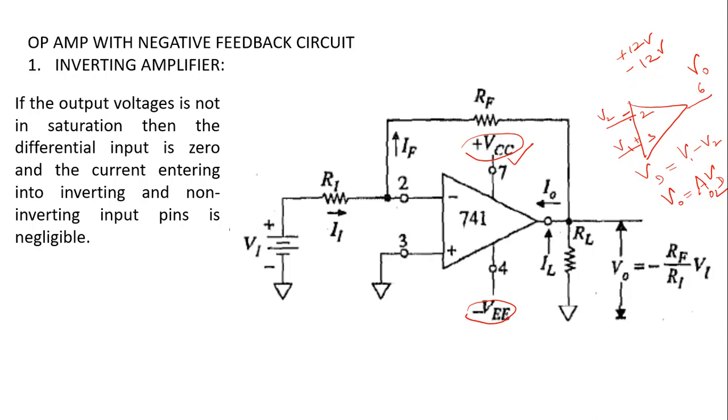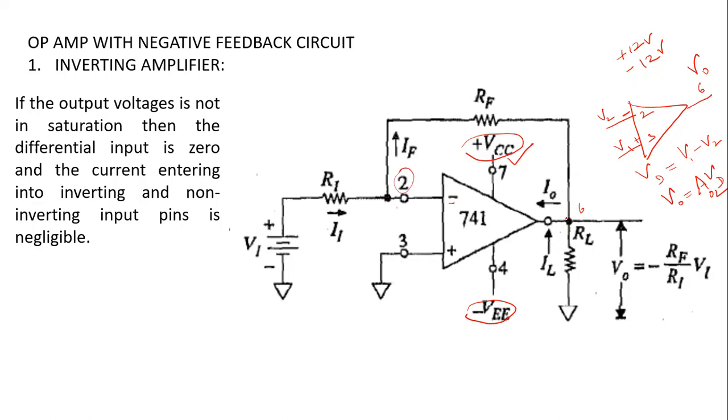Now we are coming to the inverting configuration, the non-inverting amplifier and other configurations of op-amp, where you are now connecting the output of the op-amp, taken from pin number 6, back to the inverting input, which is pin number 2, denoted with a minus sign.